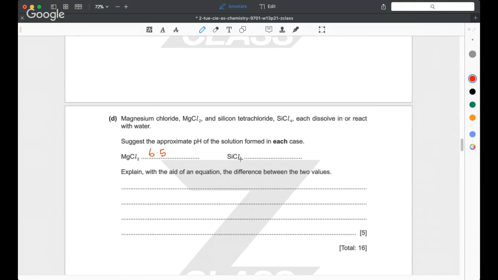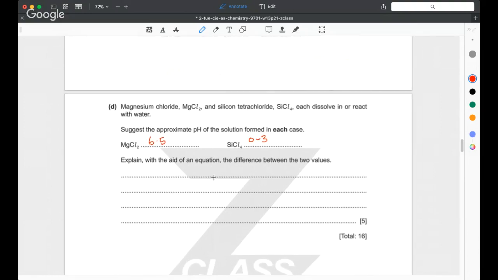And if you react silicon tetrachloride with water, you get an acidic solution, so the pH there is somewhere in the range 0 to 3. So you've got to explain this. The silicon tetrachloride is relatively easy to explain.